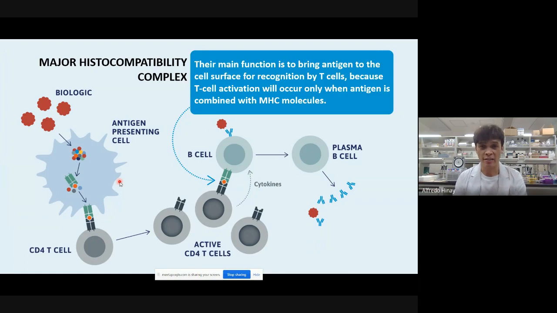Your T cells do not have any capability to recognize the whole antigen. What do they want, class? T cells are picky; they only want antigens that have already been processed. They cannot process the whole entire organism.